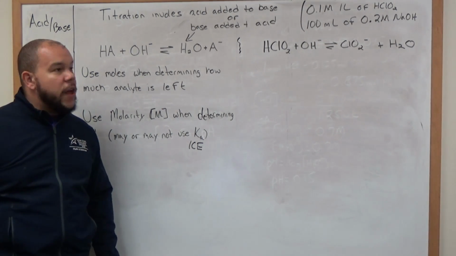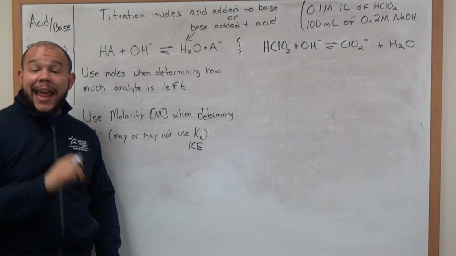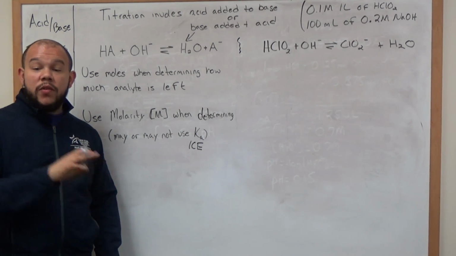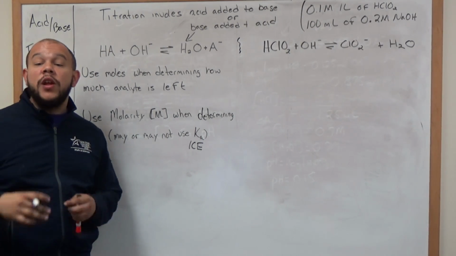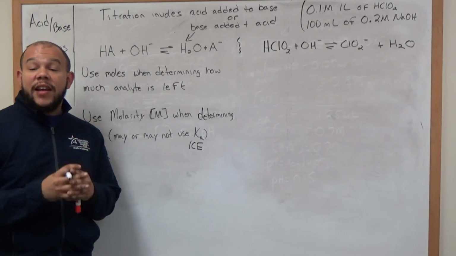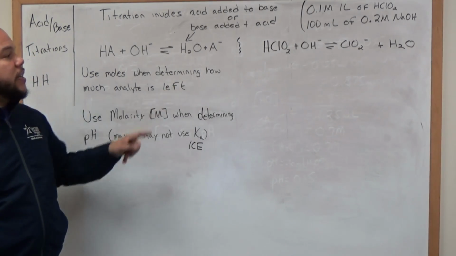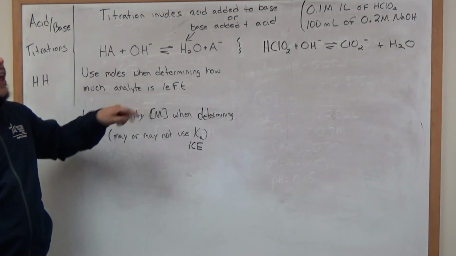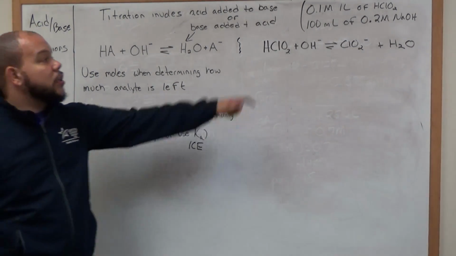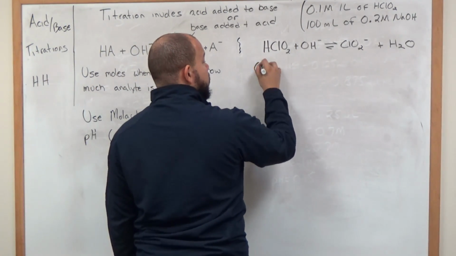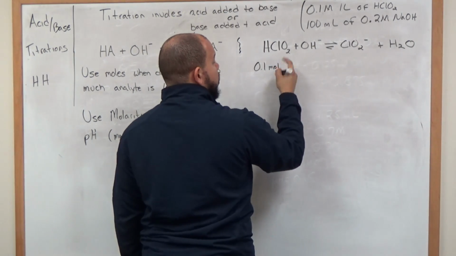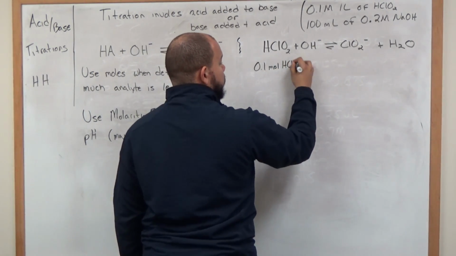All right, again, titration, added one to another. This is not acid-base equilibrium where we just have an acid in solution. This is acid-base titration. So first thing we need to determine is moles of analyte left. Determination of moles of analyte here tells us that there is 0.1 mole of HClO2.